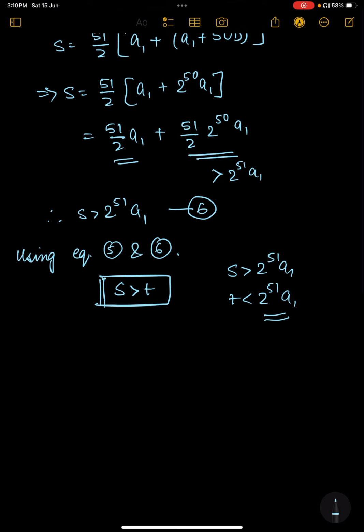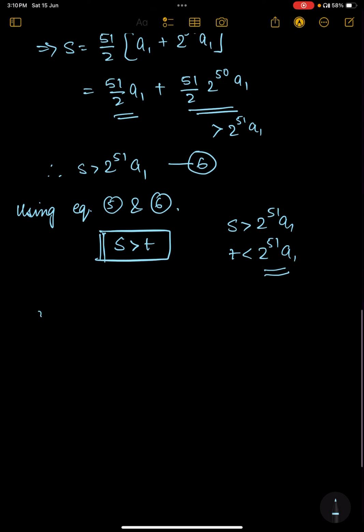Now going forward, I have A101 is equal to A1 plus 100 capital D. As I told you, the common difference for the series A was not given to me and I used the capital D for difference. And B101 is equal to 2 power 100 B1.